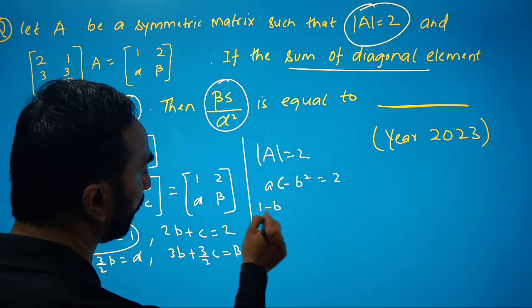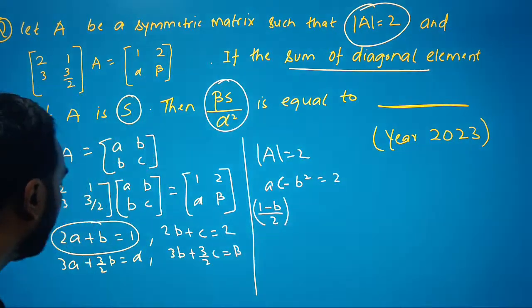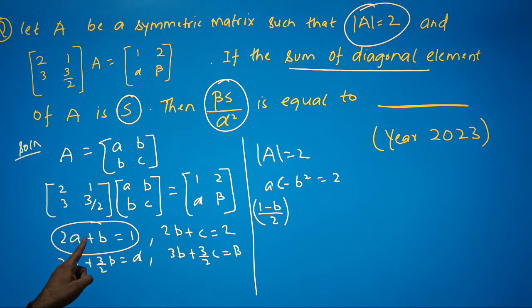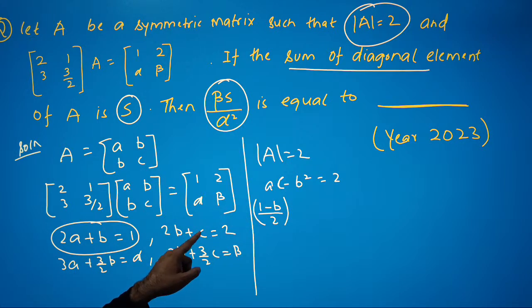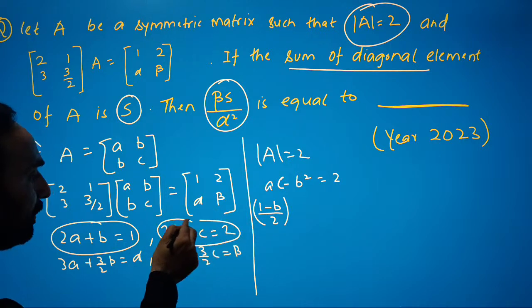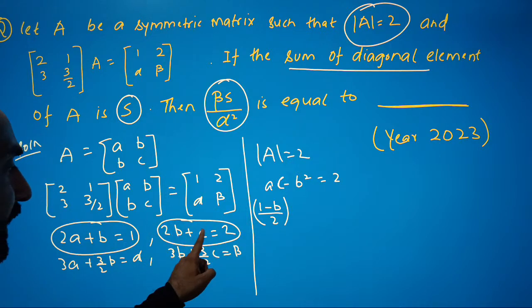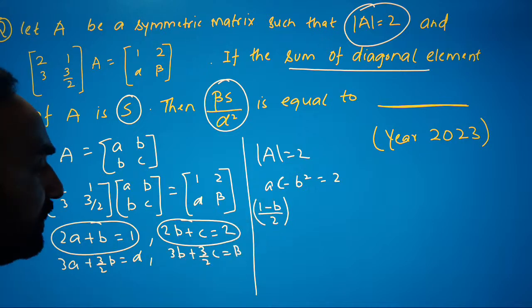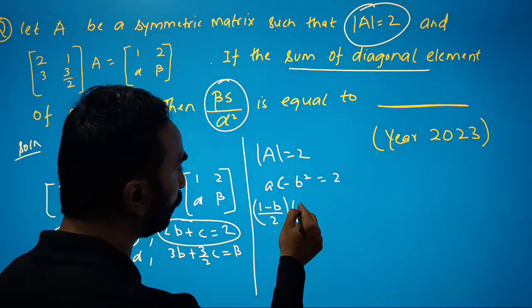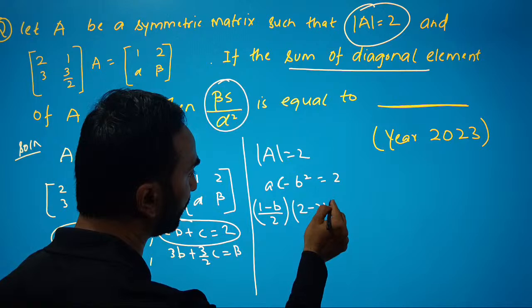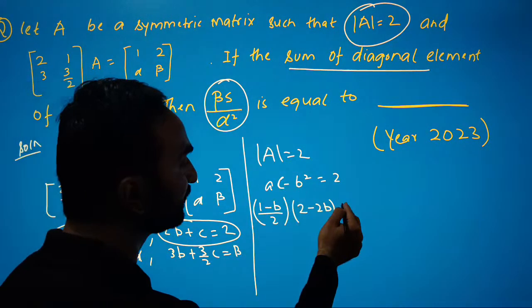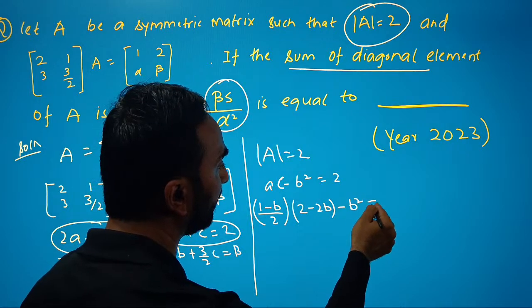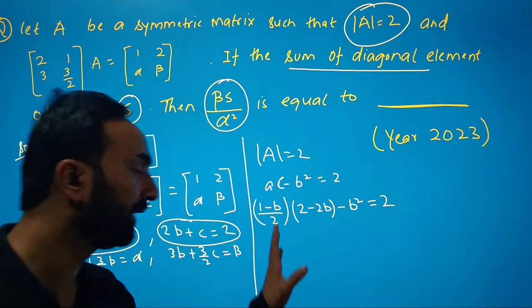And the value of c, if we solve the equation 2b plus c is equal to 2, I get c equal to 2 minus 2b. So c is equal to 2 minus 2b, and this minus b square will remain here, and this is equal to 2.